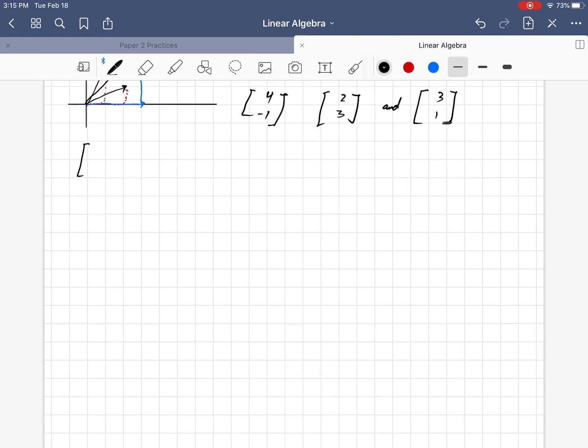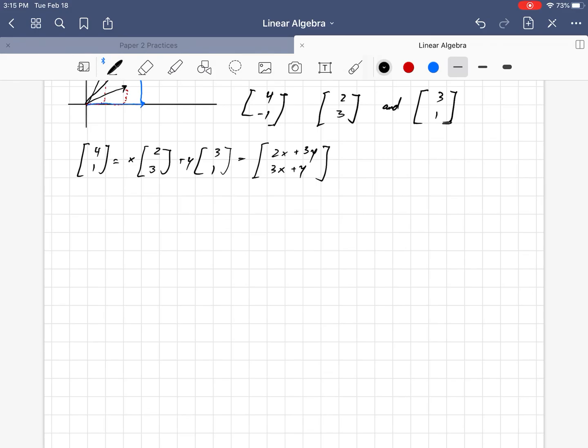If it were, then the vector 4, 1 could be written in the form x, where x is a scalar, times the vector 2, 3, plus y, another scalar, times the vector 3, 1, which, using matrix addition, is the vector 2x plus 3y, 3x plus y.